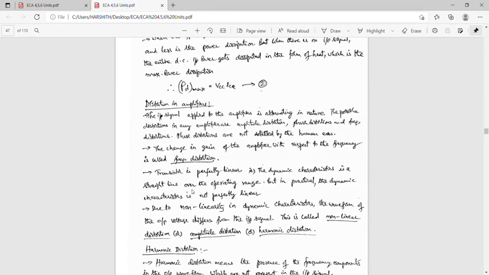The advantages of the transformer coupled class A amplifier circuit are: the efficiency is higher than the directly coupled amplifier, impedance matching required for maximum power transfer is possible, and the DC bias current that flows through the load in the direct coupled amplifier is stopped in the transformer coupled amplifier.